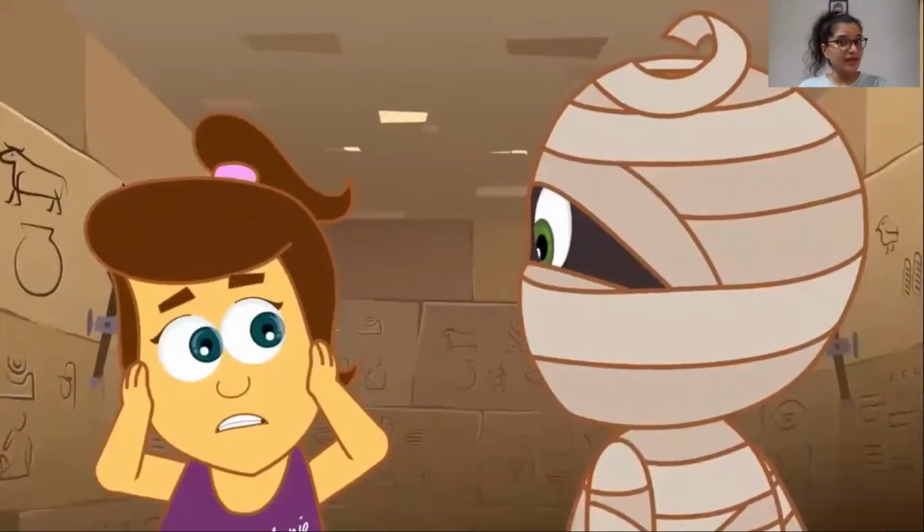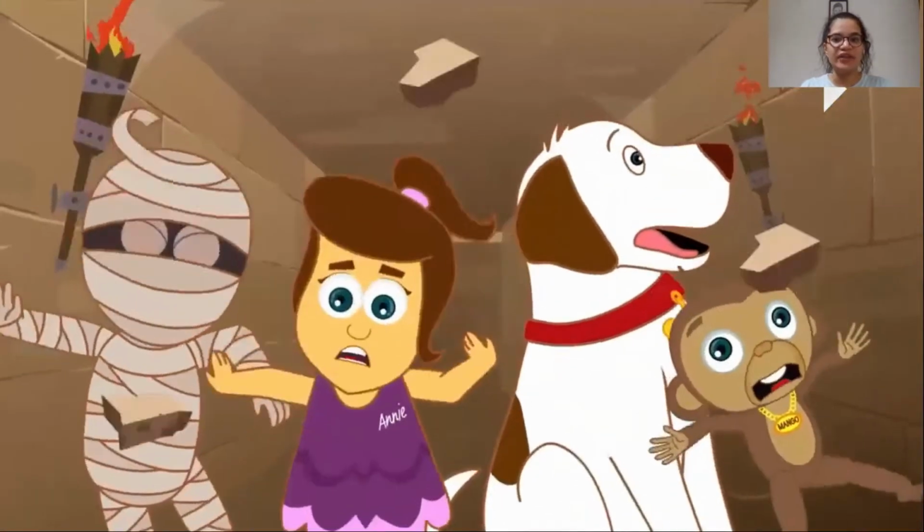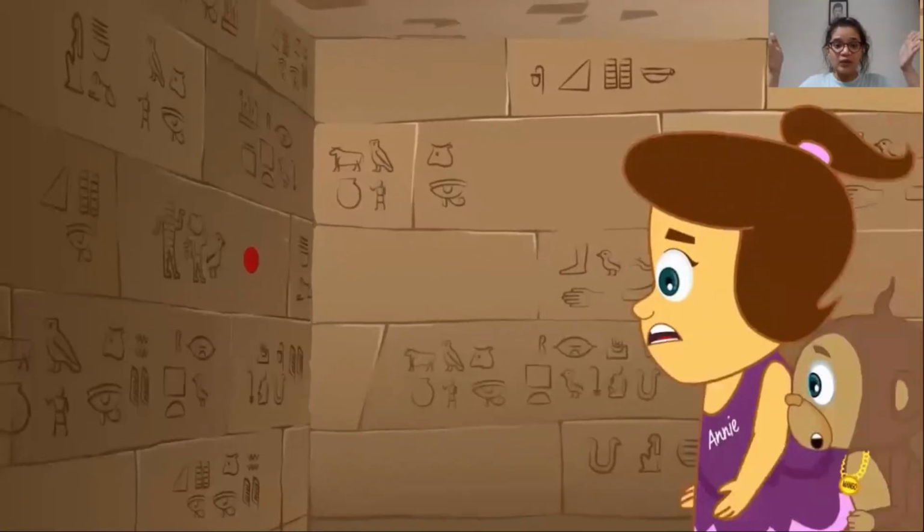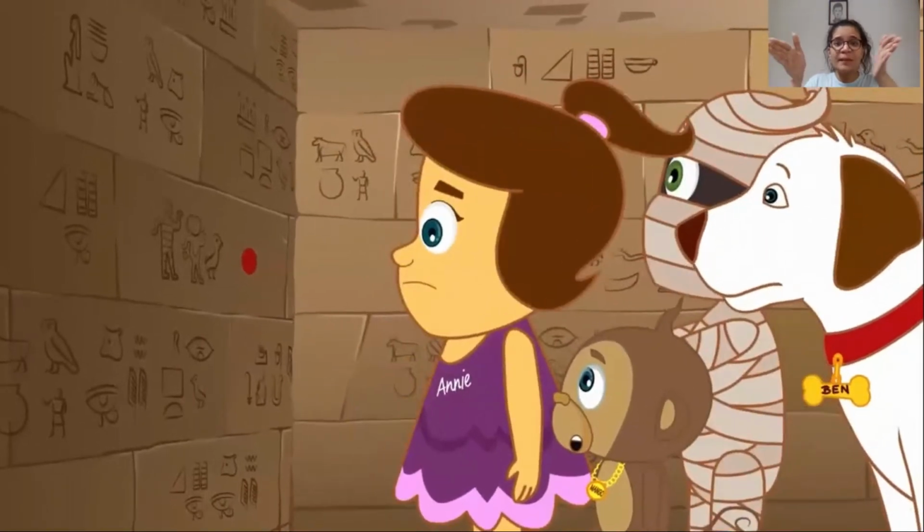And suddenly something started happening. Now, a pyramid is a very tricky place. At every step, you can face danger, because it has been designed that way so that no one takes away the precious treasure of the mummy. So you need to be very careful. And suddenly the floor started shaking, everything started shaking, and the walls started coming closer.